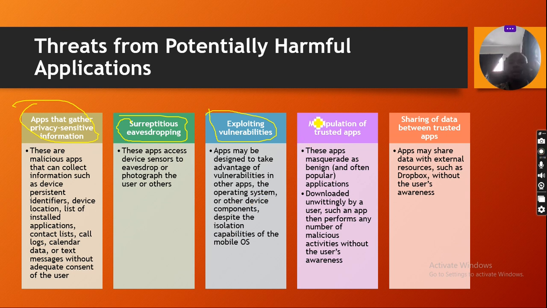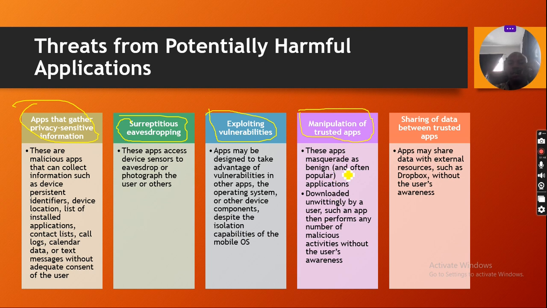Okay, another threat coming from potentially harmful application is the manipulation of trusted apps. These apps masquerade as benign, and often they're very popular applications. They are downloaded unwittingly by a user, and such an app then performs other malicious work than what was actually intended by those who developed it.